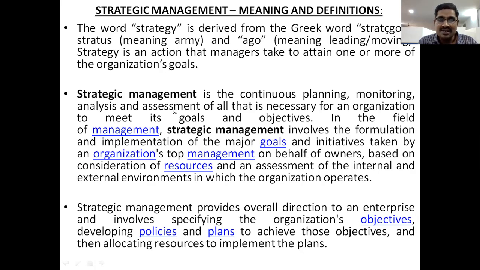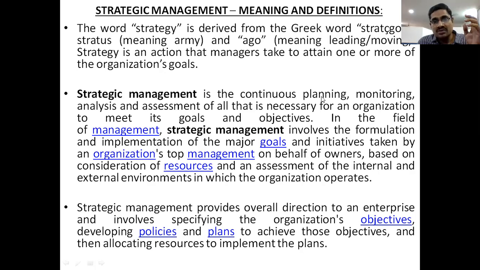Assessment means checking of our actual work done, right? So checking our performances, analysis of the reports, monitoring each and every process, and planning: predetermination of the course of actions, estimation of time, estimation of cost, and plan for who to do, where to do, when to do, how to do, whom to do, what to do. These all things are also called planning.